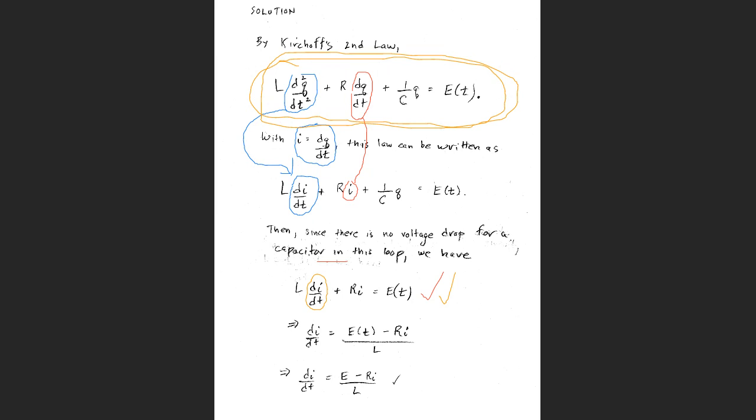And so now it's just a simple matter of getting di dt by itself. Okay, a simple matter. And then, of course, remember it said in the instructions, use E for E of t. So I replaced E of t here with E, and this is the final answer. This is the final answer right here.